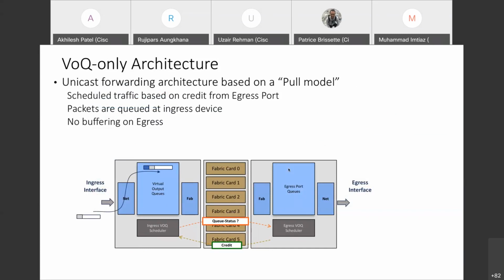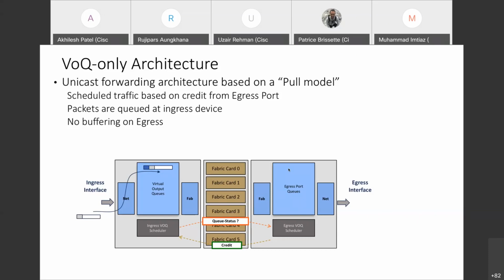The ingress side scheduler requests credit from the egress side scheduler, and based on the situation of the system and the configuration of the egress QoS, it provides the credit. Once the credits are received by the ingress scheduler, the packets are sent over the fabric to the egress port, and then down to the egress interface.